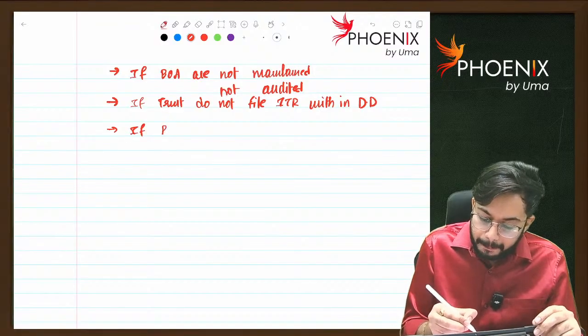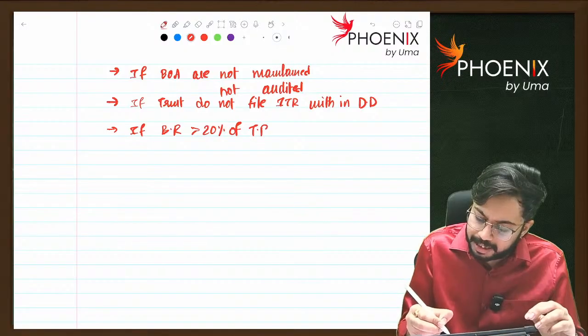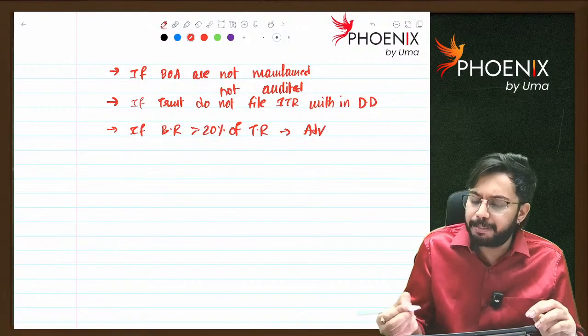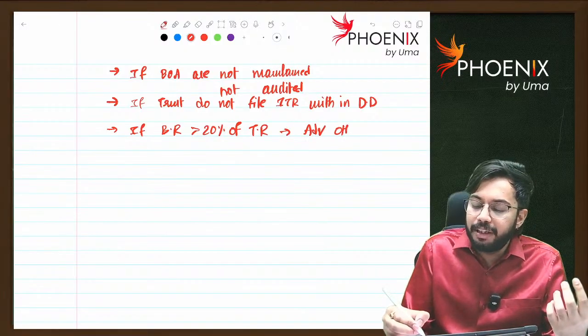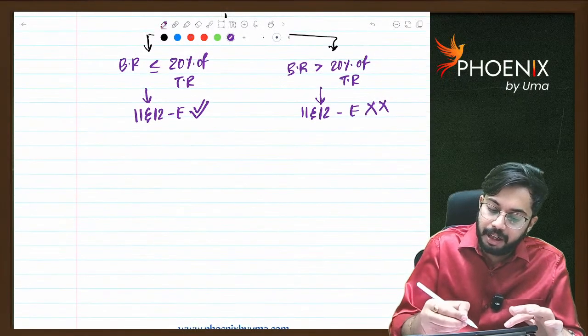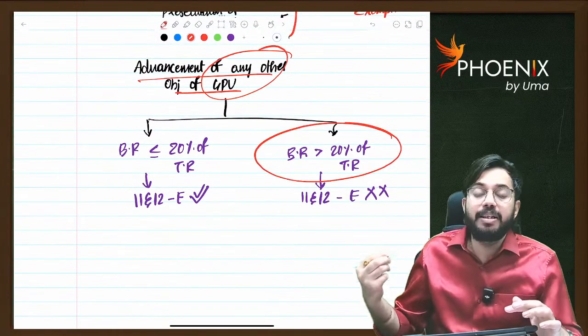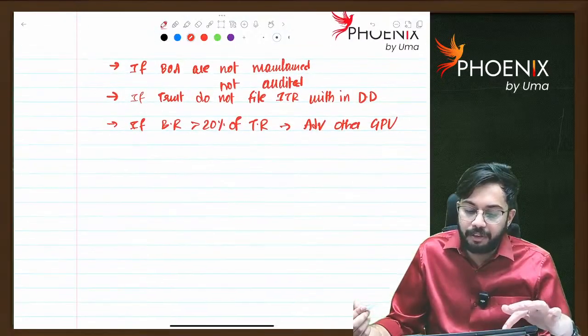if business receipts are more than 20% of total receipts in case of advancement of any other object of general public utility. Okay, in this particular case, advancement of any other object of general public utility, and business receipts are more than 20% of total receipts.